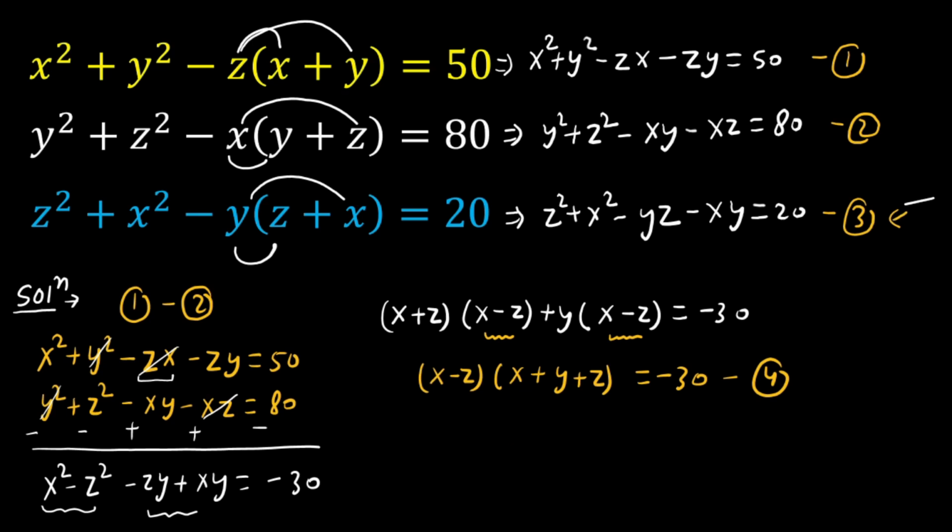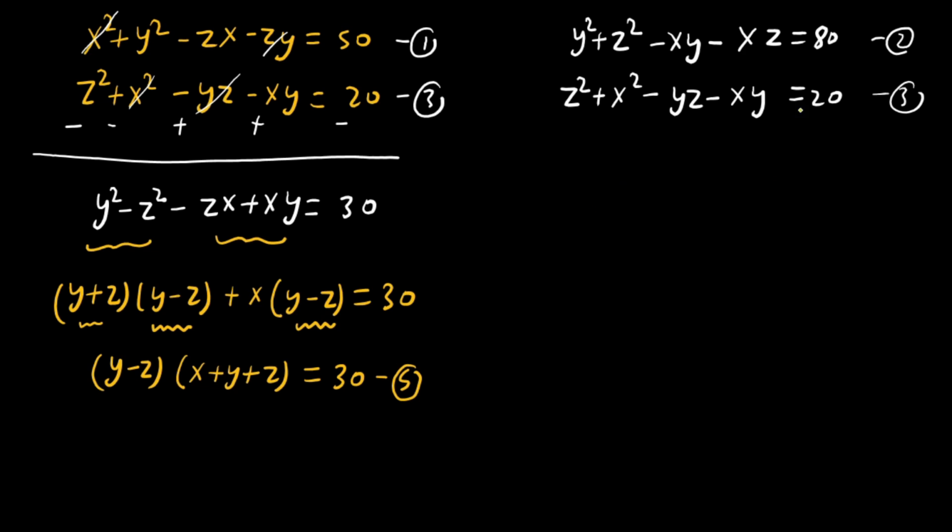If we subtract equation third from equation second, the signs change. This z² is positive and the other z² is negative. Then we have y² − x², and −xy with +xy cancels out.